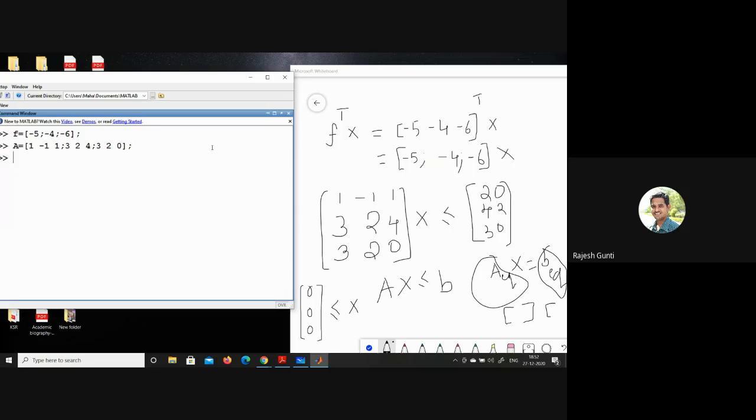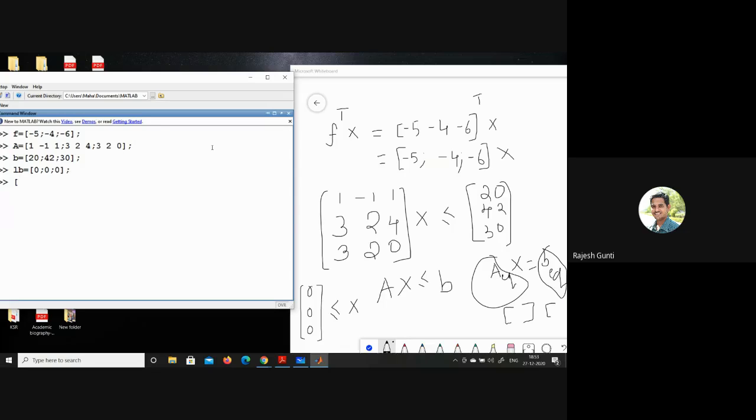Next, right hand side b is equal to 20, 42, 30. The lower bounds will be 0 semicolon 0 semicolon 0; otherwise, this is zeros of 3 rows on top.